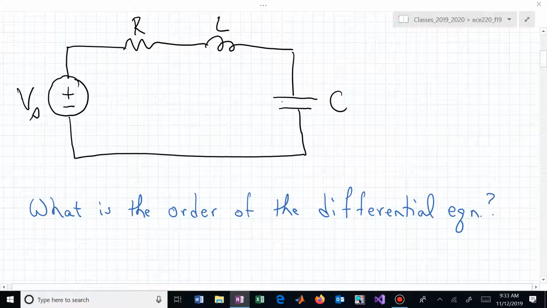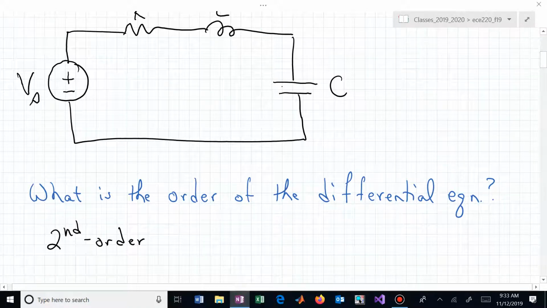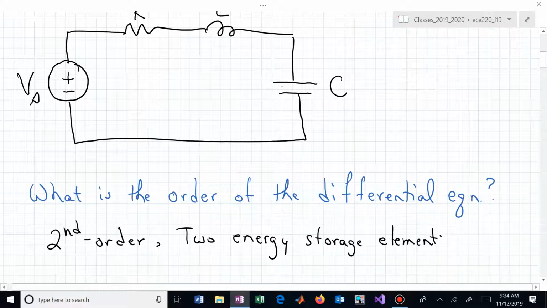We have two energy storage elements, L and C, so we should be anticipating a second order differential equation since we have two energy storage elements, with those elements being L and C.